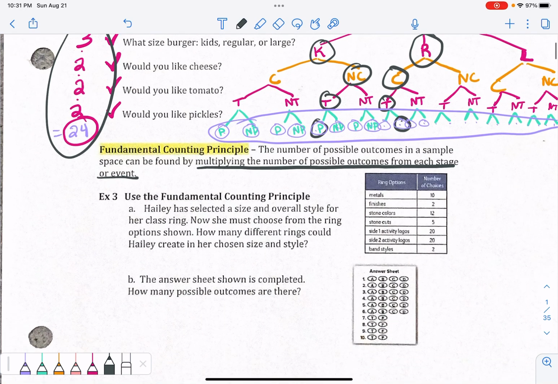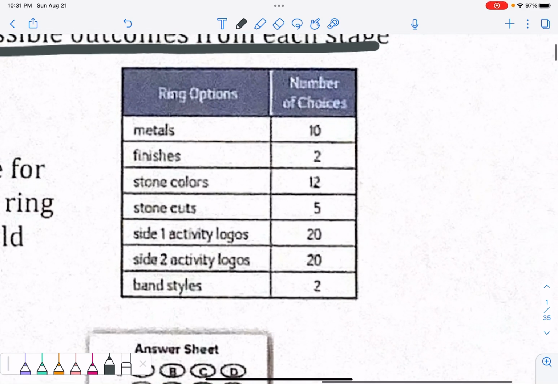So example 3 is not going to ask us to draw a tree diagram or anything like that. They're just going to say how many options are there for different rings, okay? They're talking about class rings here, and they're saying that there's 10 different choices for metals, like silver, gold, titanium, whatever.